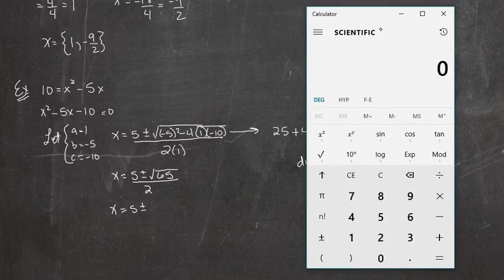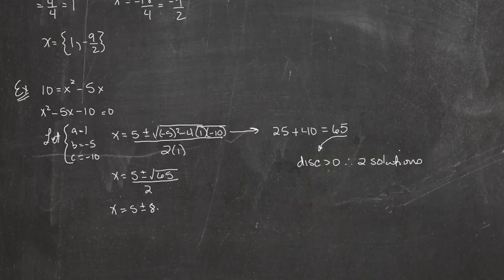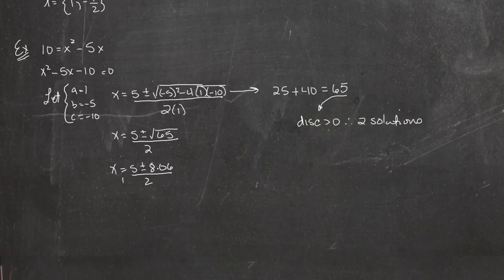So let's see, 65 square root, that is ugly, 8.06 over 2. And now we have to break it into the 2 possible solutions. So we have 5 plus 8.06 divided by 2.